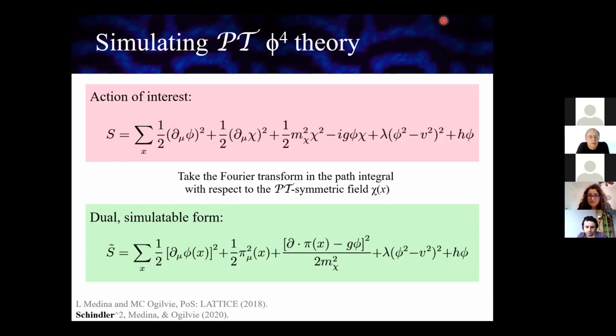When we want to simulate this field theory, as I mentioned, we're going to take the Fourier transform of this function with respect to the PT symmetric field chi. So we're not taking the Fourier transform with respect to x and getting some position space variable omega that turns into a frequency. We're taking it with respect to chi. So this pi mu term is going to be conjugate to chi.